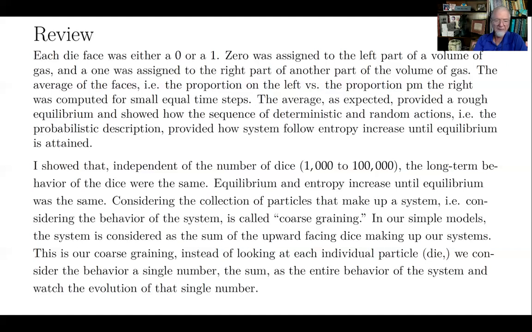In our simple model, the system was considered as the sum of the upward facing die making up our system. So this is our coarse graining, the sum over all the number of ones and zeros facing up.